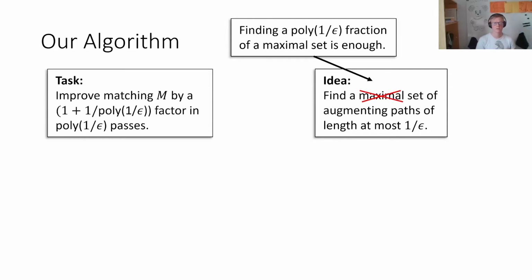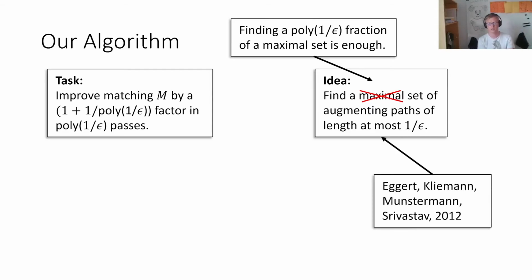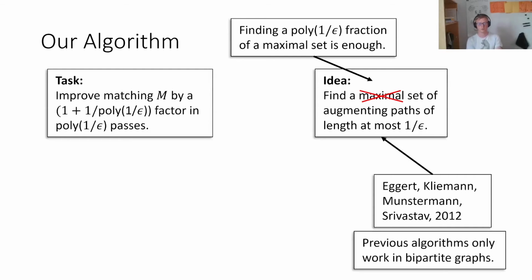So instead, we want to find some set that is almost maximal, in the sense that there's only a poly 1/epsilon factor difference between the size of a maximal set and what we find. This idea is not per se new. It was used in previous work. However, in the previous work, it only worked for bipartite graphs.